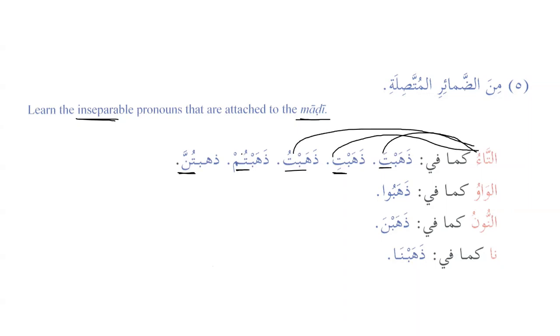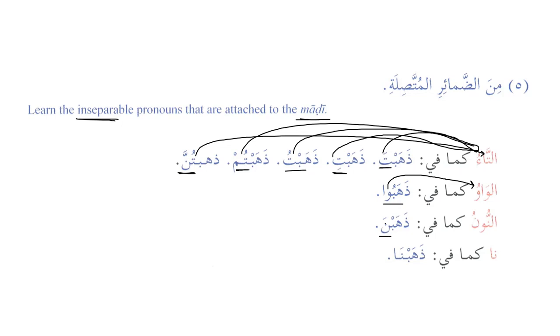However, we have learned that ta sakina is not the doer. Only the mutaharrik ta is the doer. So you see the difference? Whenever ta is mutaharrik, it has fatha or kasra or damma on it, then it will be ta of the doer. Al-waw, as we can see here, like in dhahabu, so we have waw.